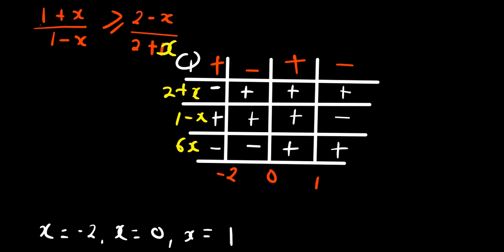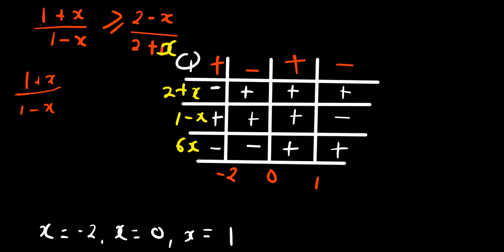Now, where are we going to shade? Our fraction was something like 1 over 1 minus x.